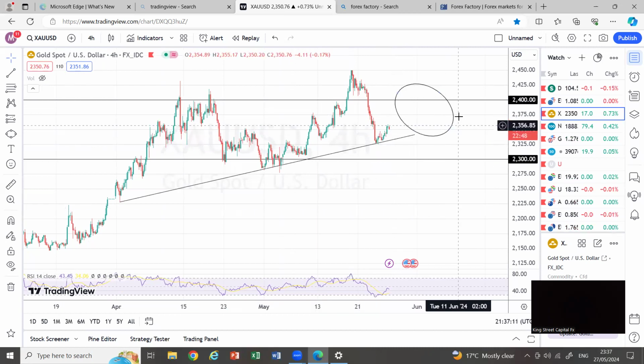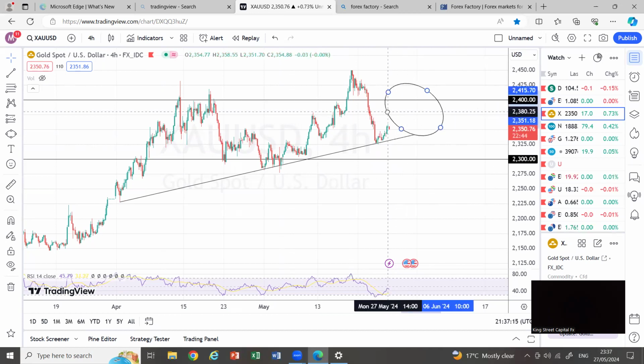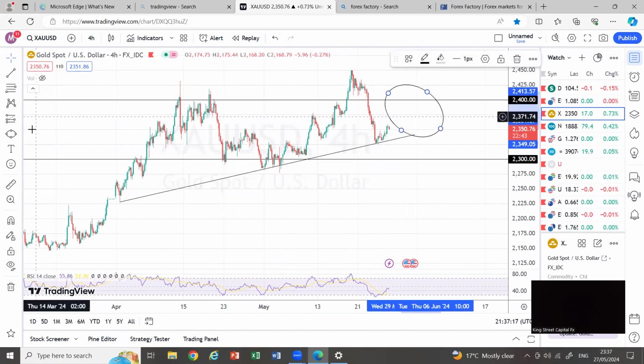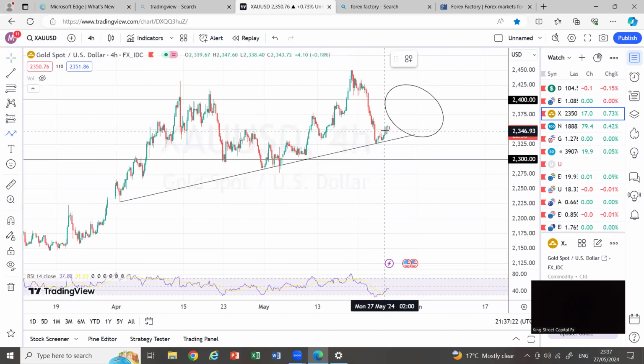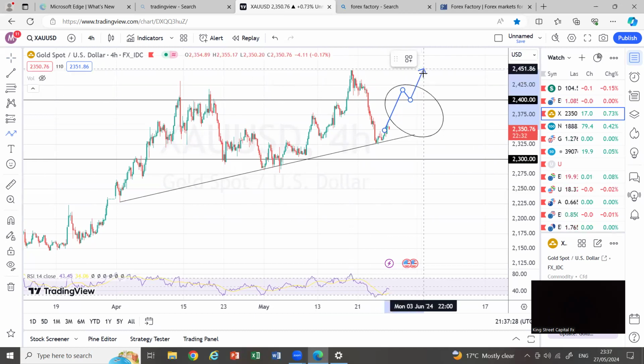Price will get ready to come up to 2,400 again, and this is where things will get interesting. Price moves up towards this level, breakout, retest, continuation past 2,450 for a new high, 2,500.